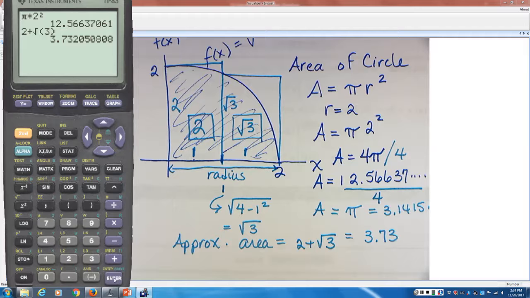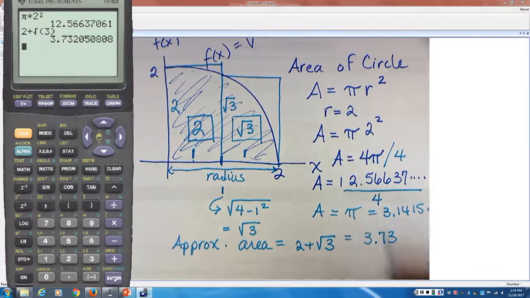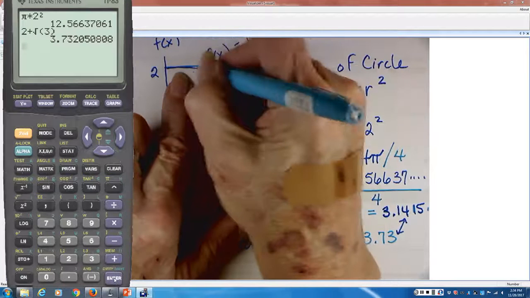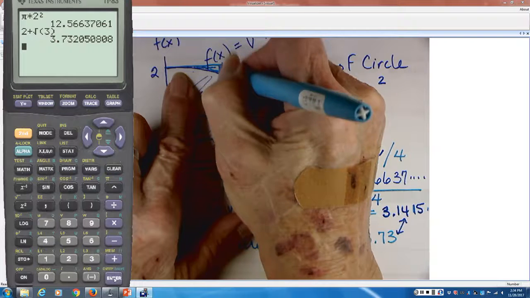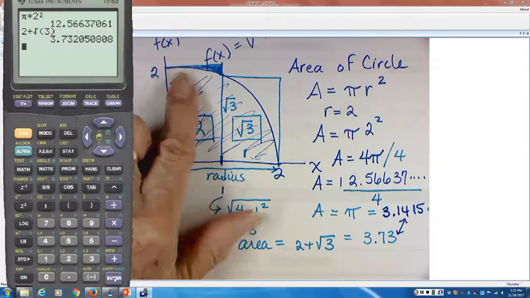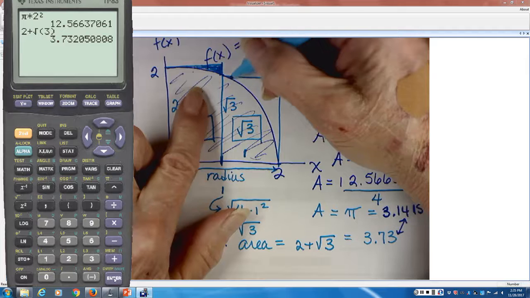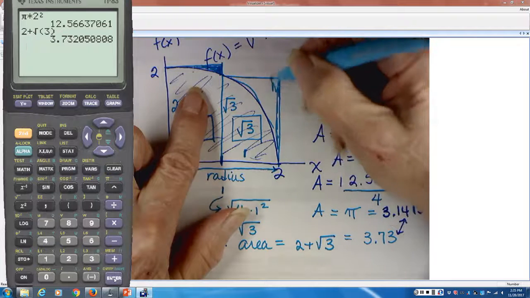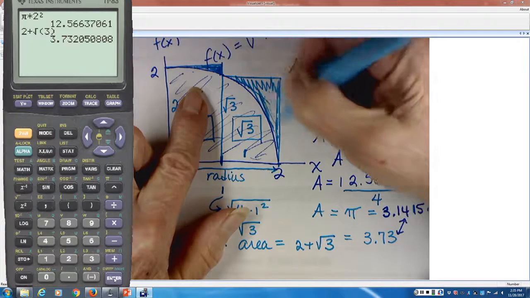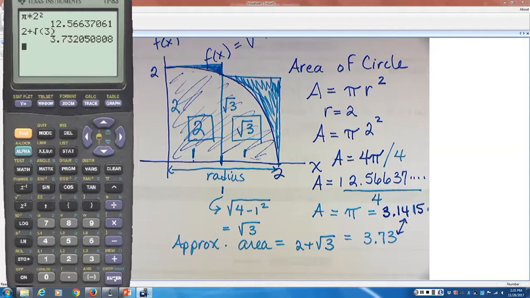And notice when you compare that 3.73 to the 3.1415, we've overestimated. And we know we overestimated because we can see that this rectangle goes outside the circle by that much, and this rectangle goes outside the circle by that much. So it's an overestimation.